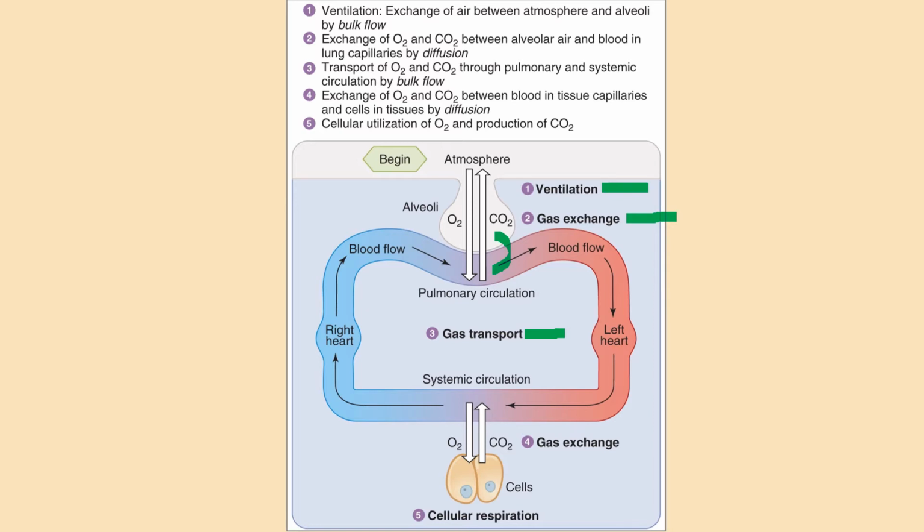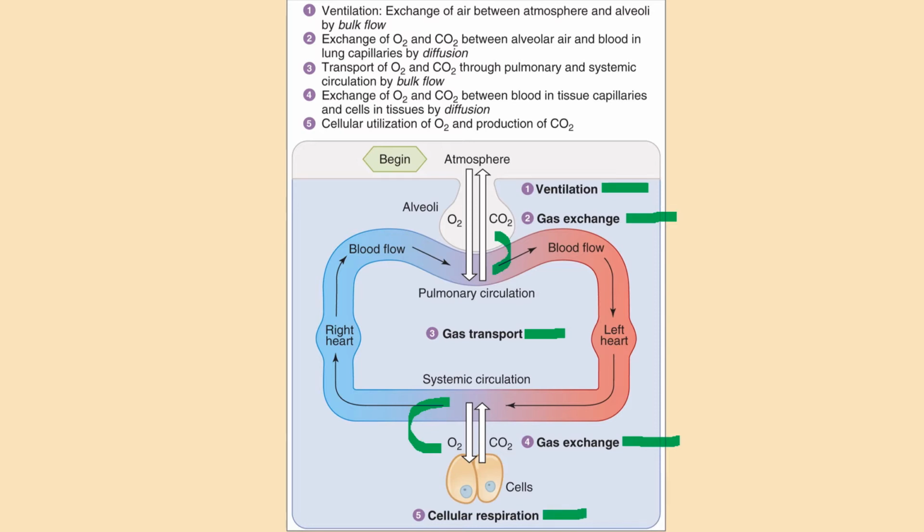And then the fourth component of respiration is gas exchange that occurs in the tissues. And this is also known as internal respiration, where we have the exchange of materials between blood in a systemic capillary and a body tissue. And then component number 5 is cellular respiration. Oh, there's that word again.